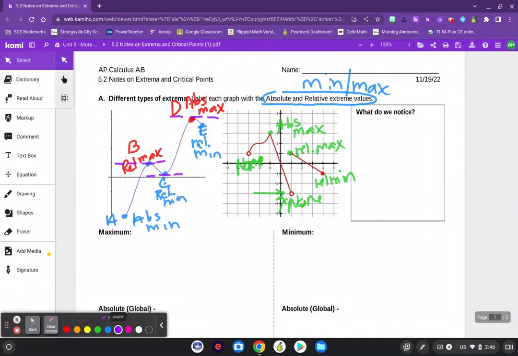So we can say a minimum or maximum value for f of x has a derivative that equals 0.